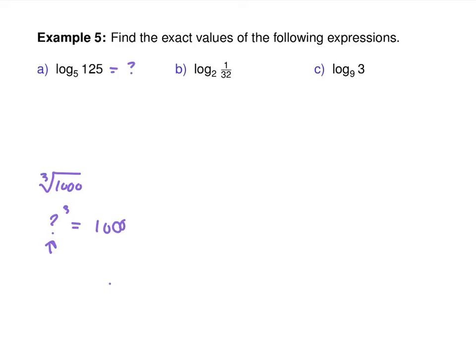When you do logs, you're looking for the exponent. You're saying 5 to the what power gives me 125. Do you see what's analogous to that? It's quite analogous to a cube root, right? And as you can see, this 5 is the base there, it's the base there as well, right? So I think that happens for a nice number, doesn't it? I think it's 3. Yep. So that is 3.